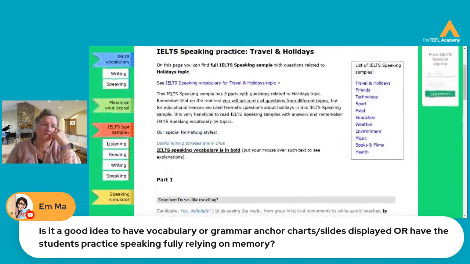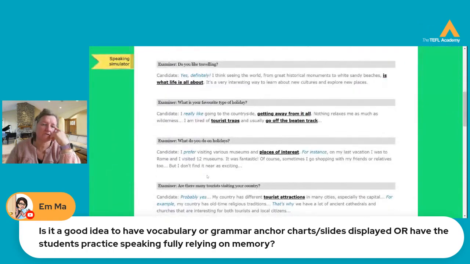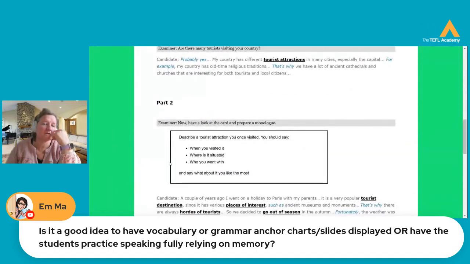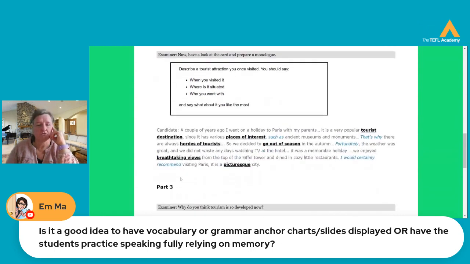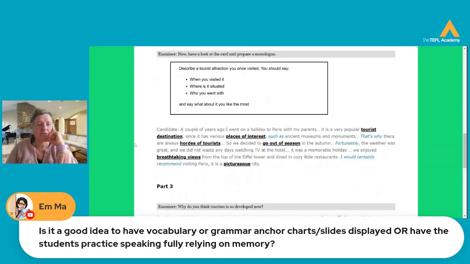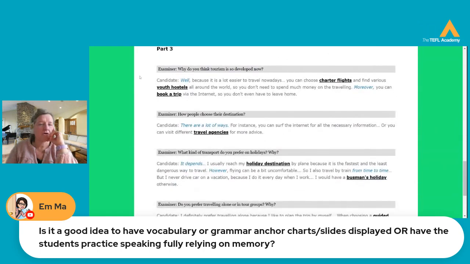Okay, so this is the IELTS exam. You've got these questions, and here's the part two that I told you about, where there's a 1 minute prep and they speak for a minute or two. And again, there's a sample answer, and then part three takes it to the next level, higher level questions like tourism. Why is it so developed?